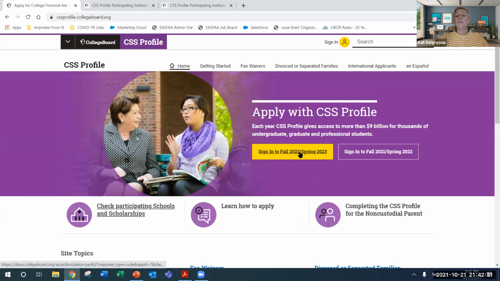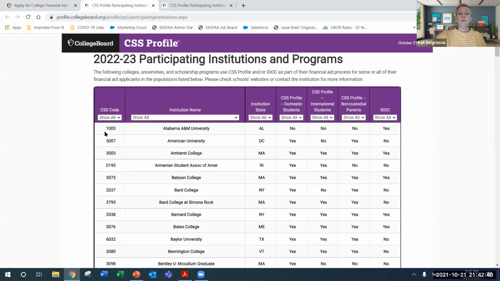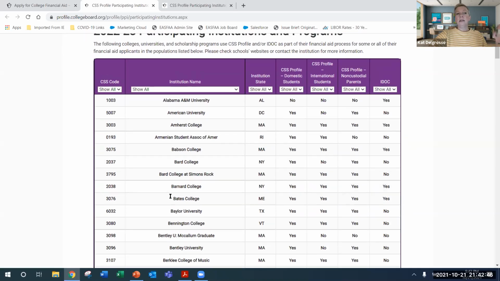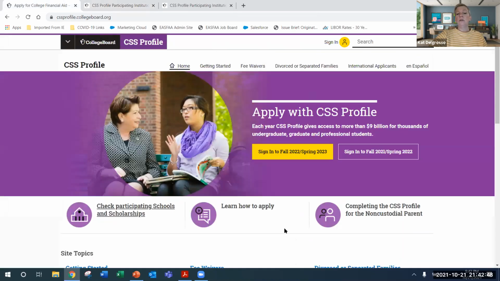So you sign in here for the profile, and when you apply, you can actually add as many schools as you want. They'll basically have you add codes, so you'll be able to get all the schools that you want on the CSS profile application. You could put 10 on the FAFSA, but you can kind of keep rolling on the CSS profile.